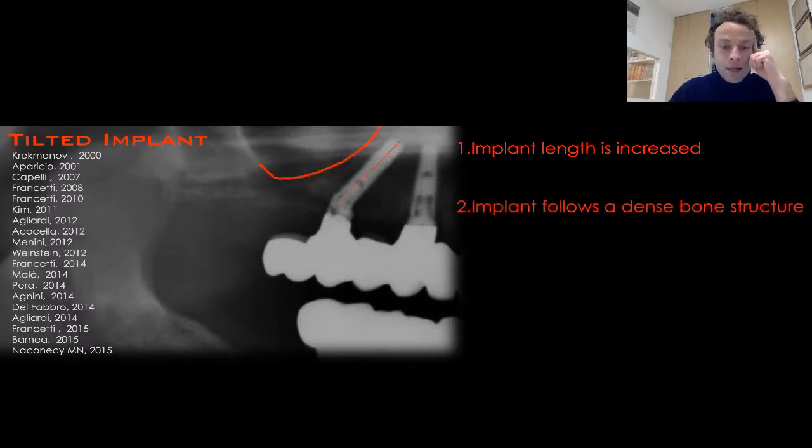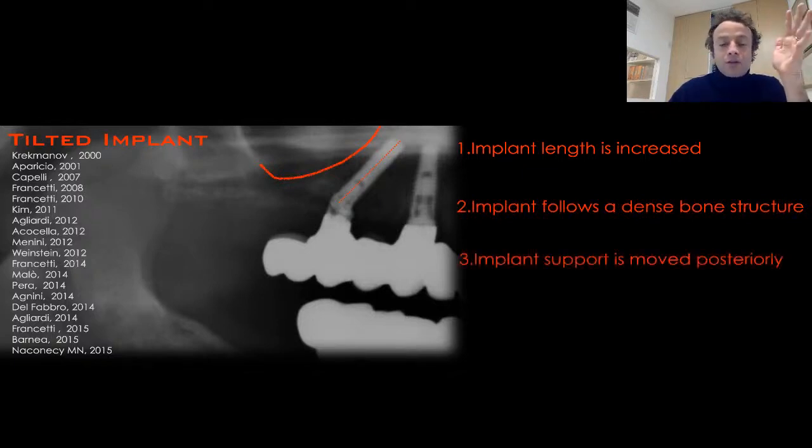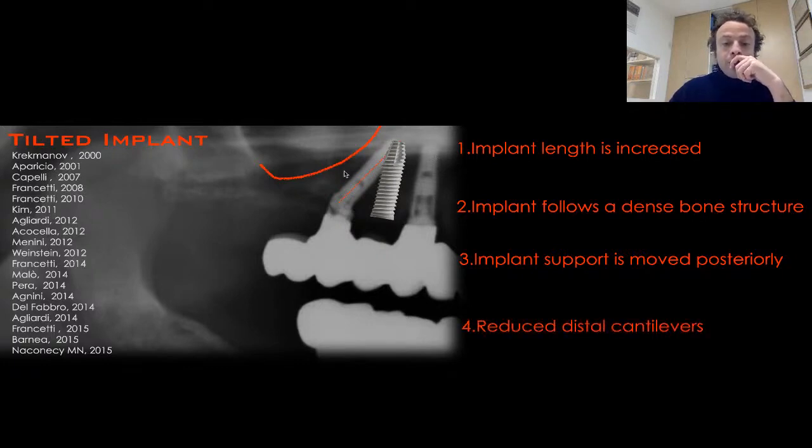Because in that way, we can place longer implants, and the implants can also follow a dense bone structure, like for example, the anterior cortical of the sinus. The implant support is moved posteriorly, because otherwise the implant should be placed here. And then we also reduce the distal cantilever.